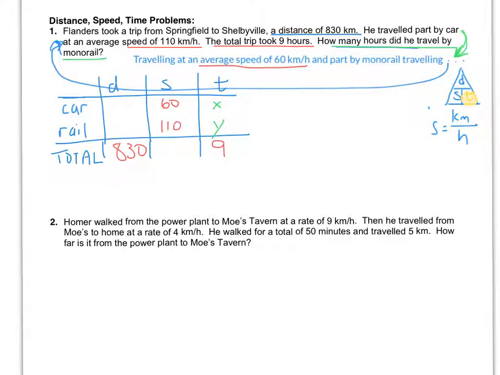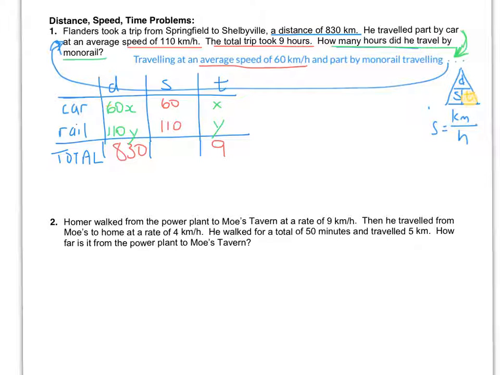Now, based on that information, my distance is going to be equal to, distance is equal to speed times time. So my expression I could use for distance could be 60 times the time, which is X. And the distance traveled by monorail would be the speed you're traveling at, which is 110 kilometers per hour, and then times by the number of hours, the time.